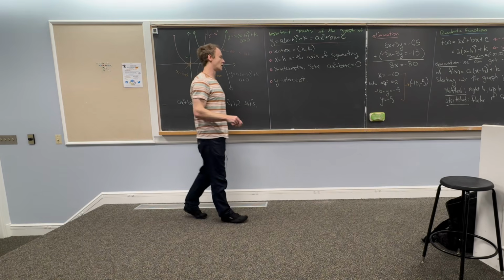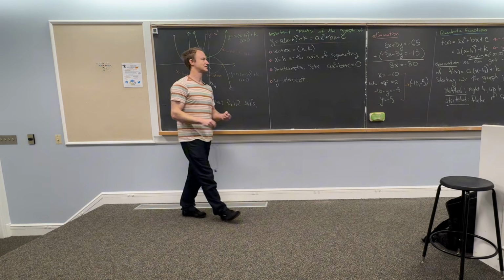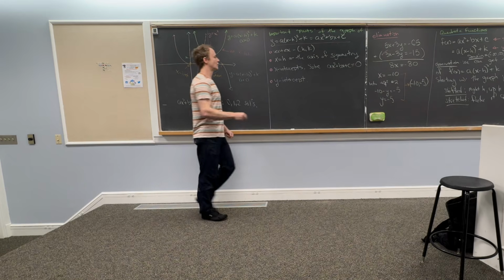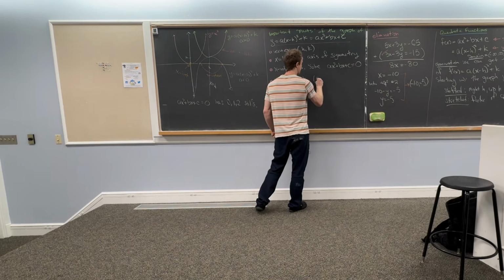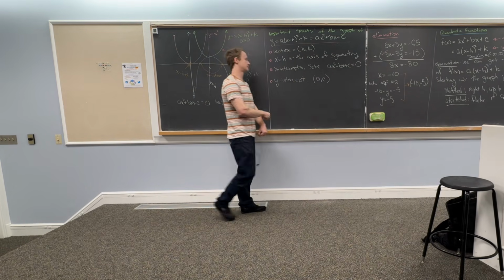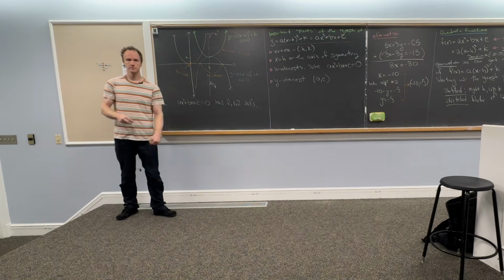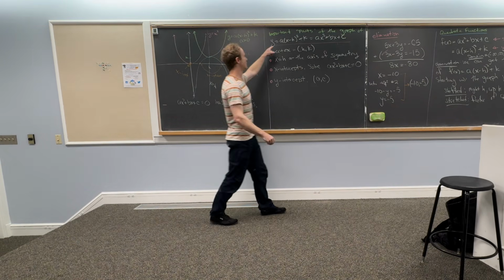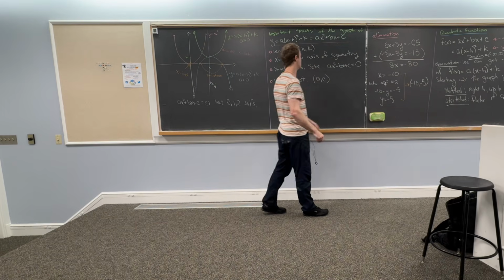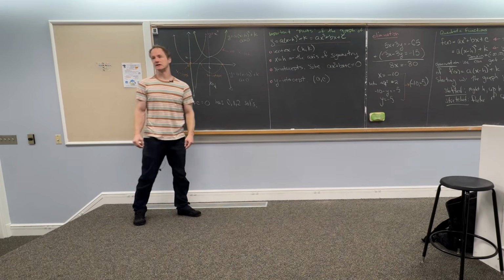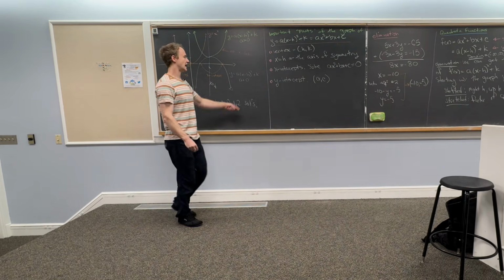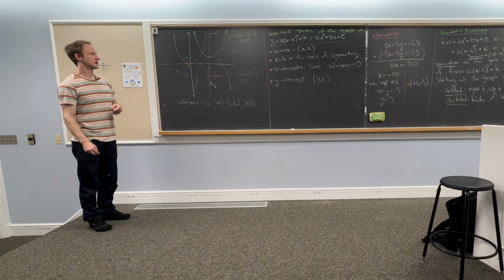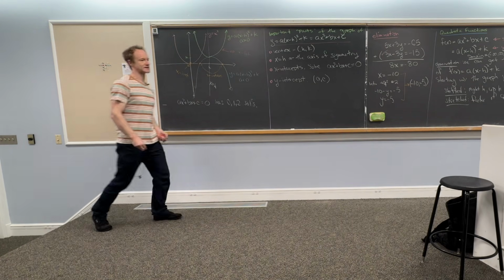But let's recall that the y-intercept occurs when x is equal to 0. So we can just read off the y-intercept as (0, c). Right? Because check it out. We've got this equation right here. If we plug in x equals 0, we get y equals c. Yeah. And like we discussed before, there may be 0, 1, or 2 x-intercepts.